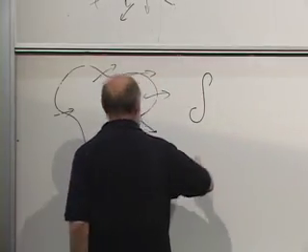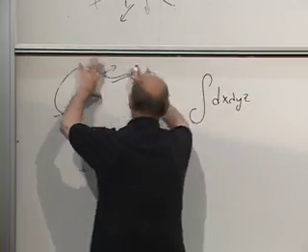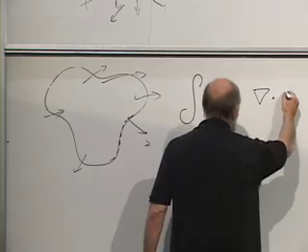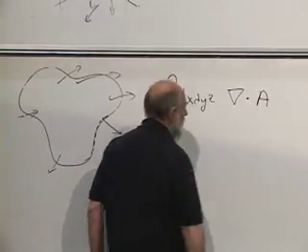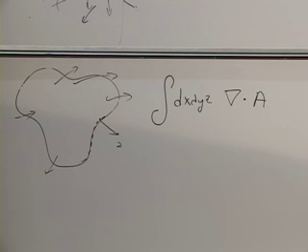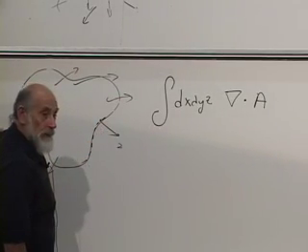In the three-dimensional case, it would be integral dx dy dz over the interior of this region of the divergence of A. If you like to think of A as the velocity field, that's fine, is equal to the total amount of flow that's going out through the boundary.